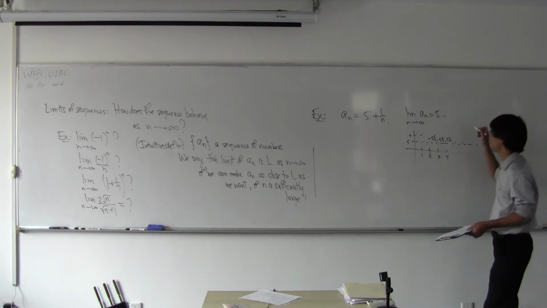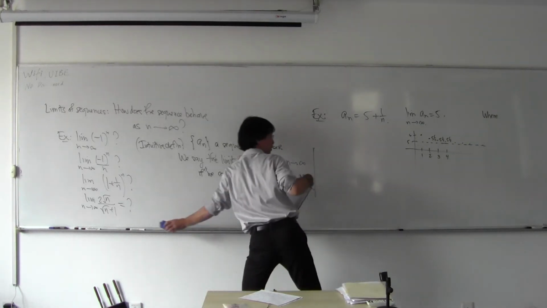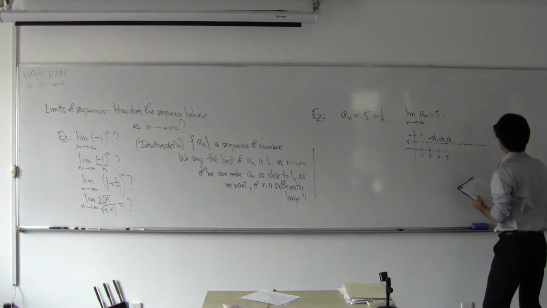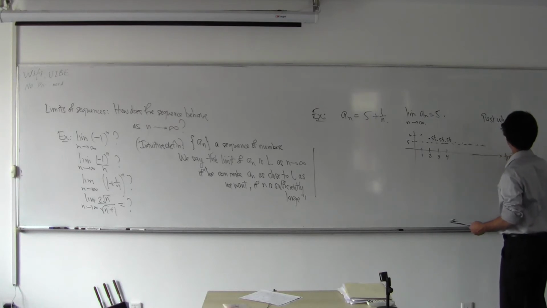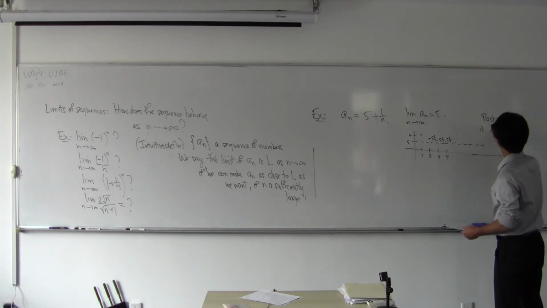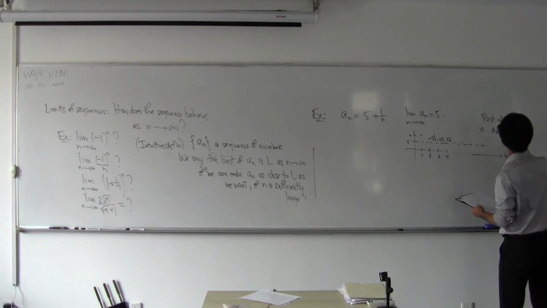So if I said, past what time, let's think of this as time, past what time is A sub n always within 1/10 of 5?